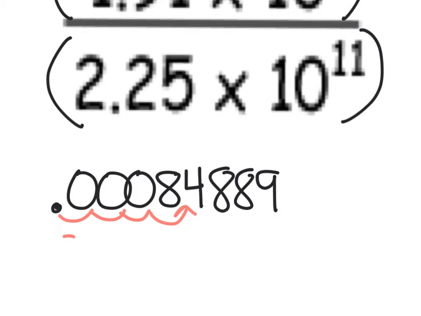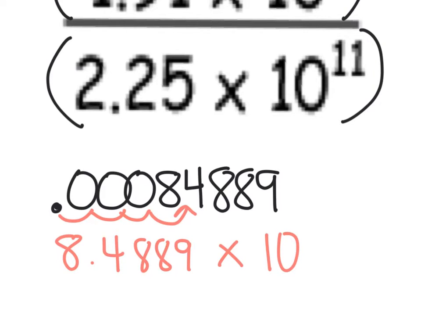So my answer is going to be 8.4889 times 10. And what's my exponent going to be? Negative 4 or positive 4? Negative, because it's going to the right. Why is it going to be negative? Think about money. Are we happy with that amount of money in our bank? No.